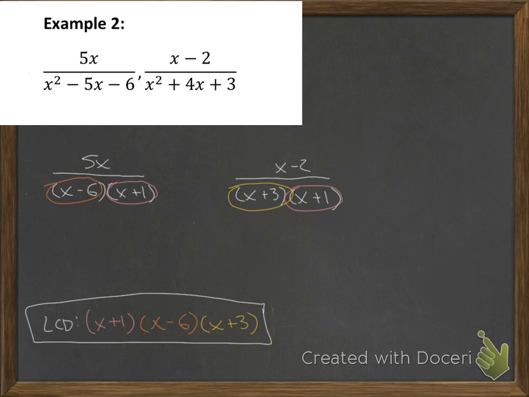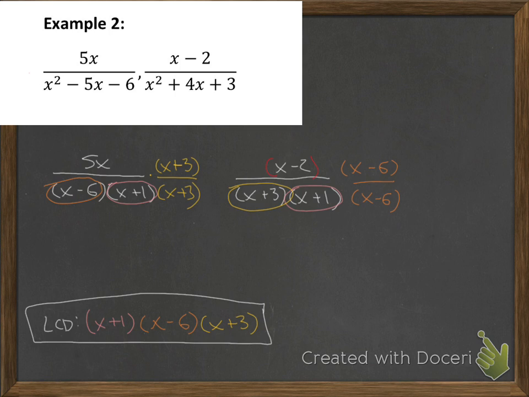In order to obtain the same denominator in both fractions, we ask ourselves, what is each fraction missing from the LCD? I tried to color code this so that it's very obvious. We can see that the left-hand fraction is lacking x plus 3. The right-hand fraction is lacking the factor x minus 6. And I'm going to add parentheses around x minus 2 to remind you that we need to FOIL when we multiply those two terms.